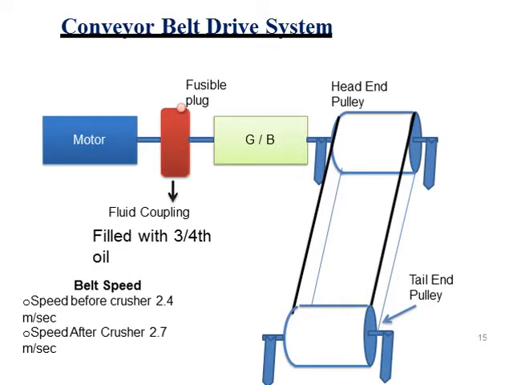In this conveyor belt system, there is a motor. The power of the motor is selected depending upon the quantity of coal to be handled by the conveyor belt.